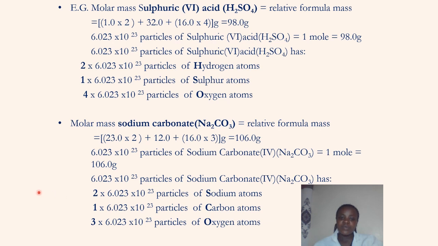In these particles, the number of sodium atoms is 2, so we multiply by the constant, 6.023 times 10 raised to the power 23. The same applies to carbon and to oxygen. So that is how we calculate the atoms present in that compound.